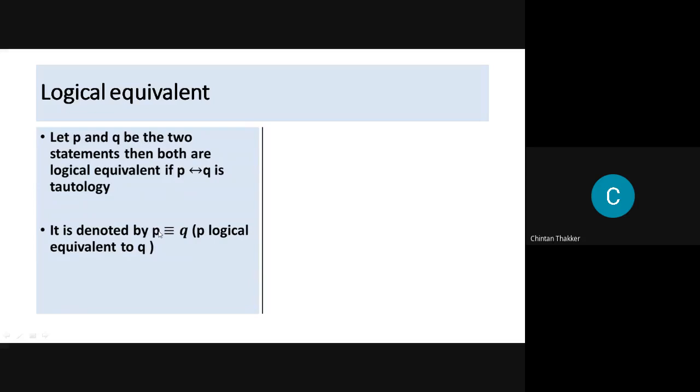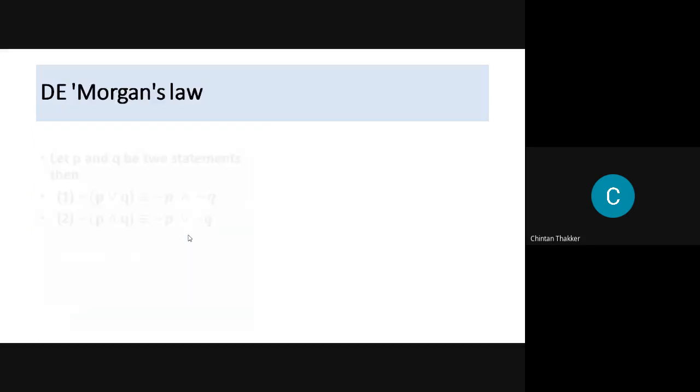Then P is called equivalent to Q. We use this to prove the theorems.